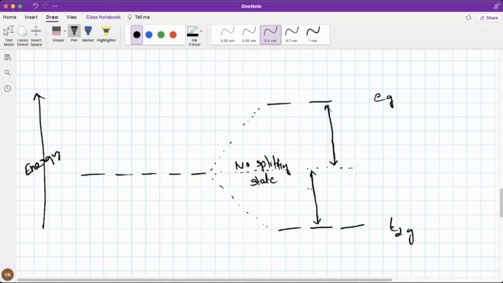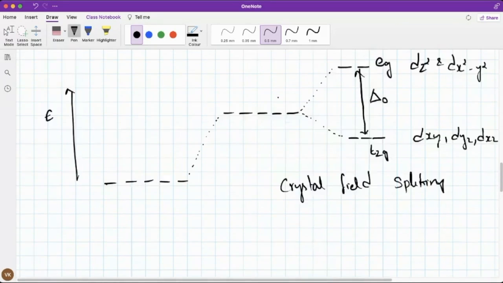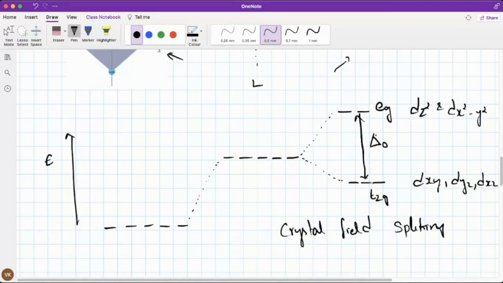Now, how much is this higher compared to this one, and how much is this lower? We can say, based on the number of orbitals above and below, the splitting delta naught can also be given in terms of differential quanta, something like 10 Dq. So you can use delta naught or 10 Dq.